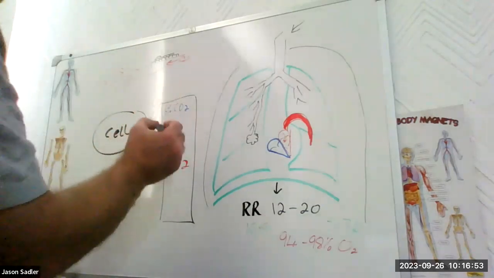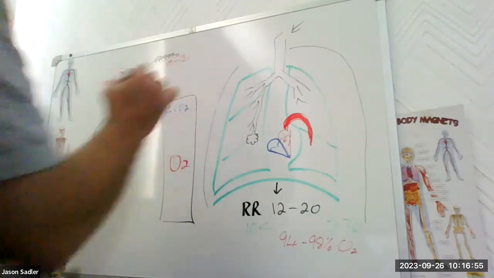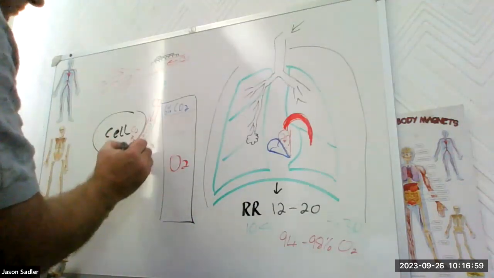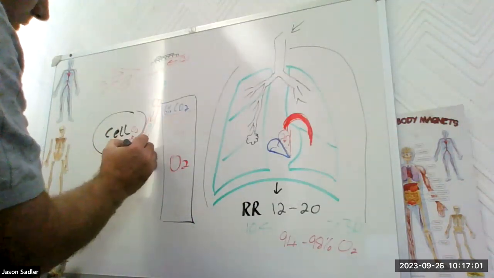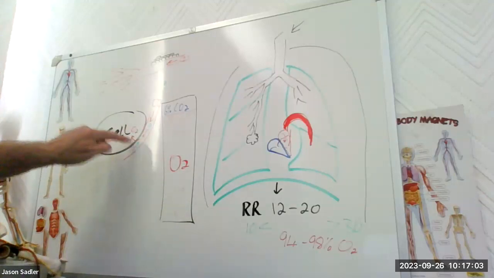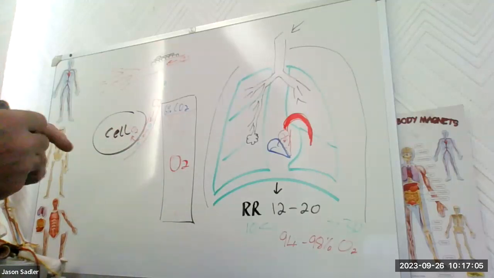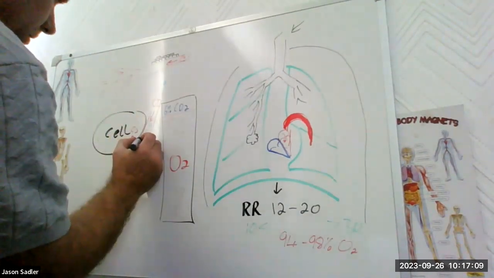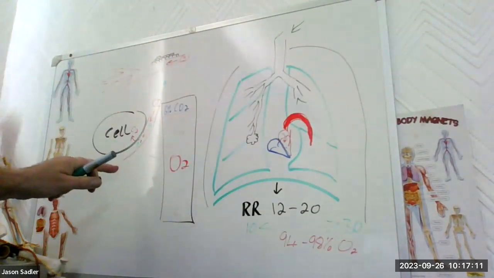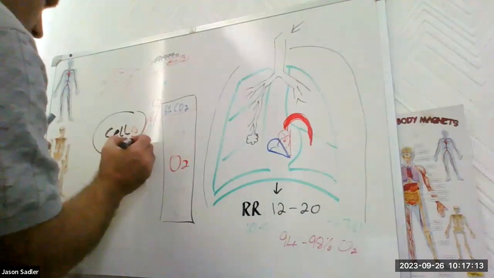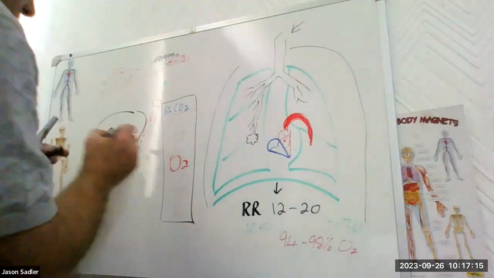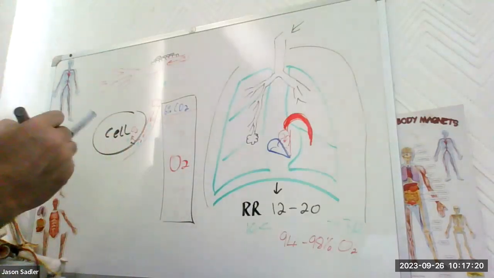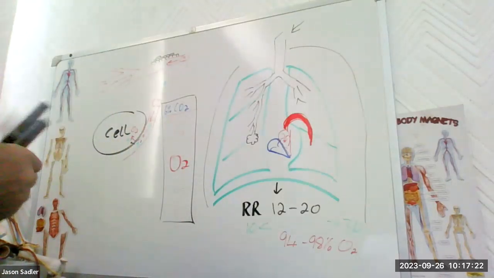Another thing that's being transported is glucose. The glucose gets to here and it can't get across. So we now need a gatekeeper, which is insulin, to let the glucose through. So now we've got glucose and O2 in the cell.